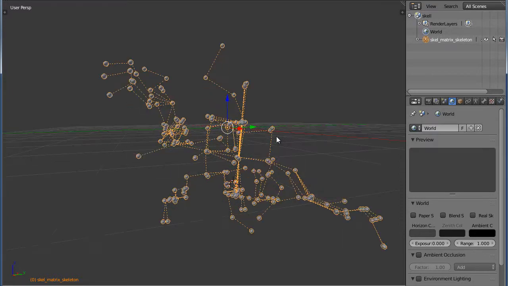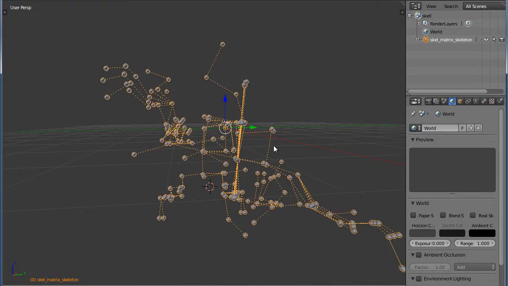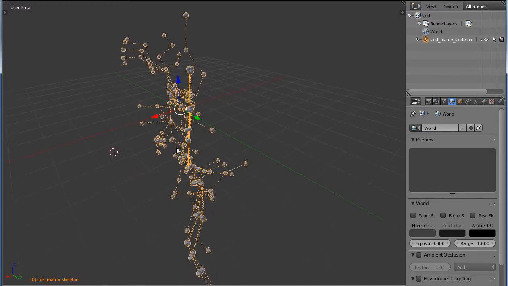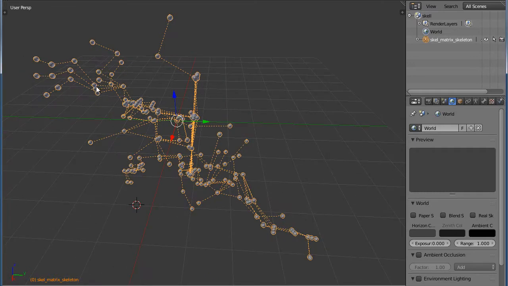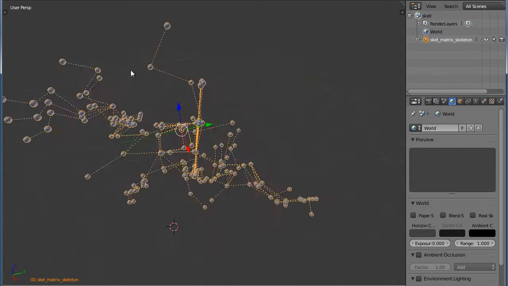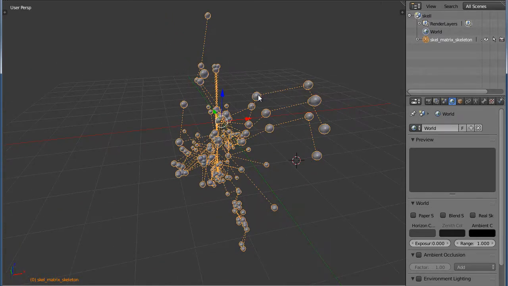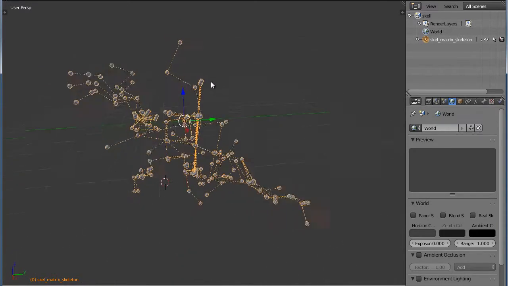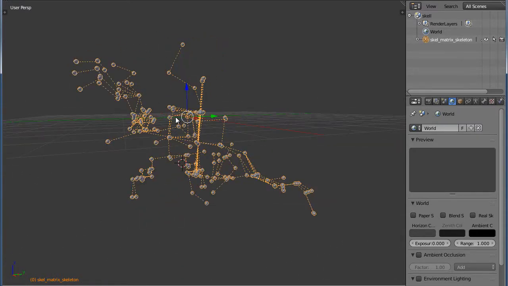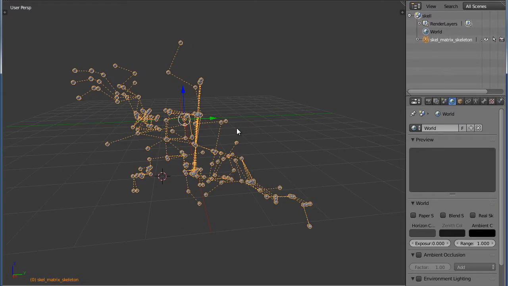But the problem here is that they are probably global matrices. That means the numbers we read are not distances between 2 bones, a bone and its parent. This is a distance from the origin. And that's why they look like this. That's usually how it looks when you try loading up global matrices as local matrices.